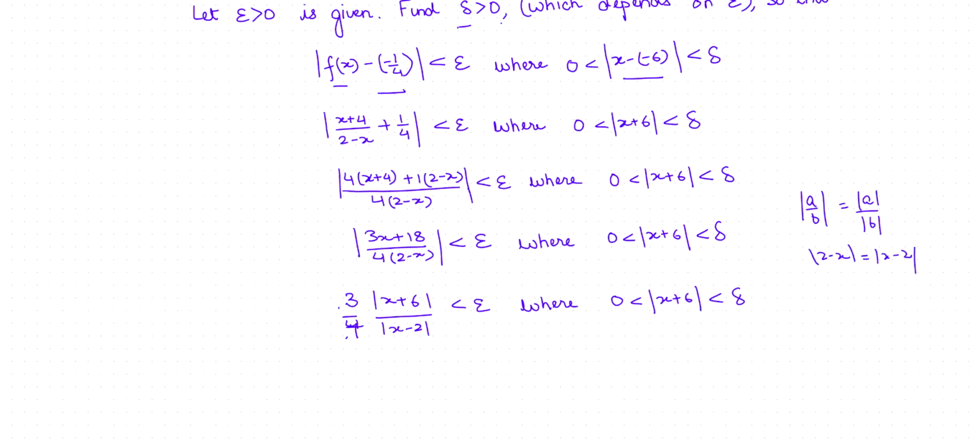Now, when we compare this value, 3 by 4 times |x plus 6| over |x minus 2|, and this |x plus 6| less than delta, to get the estimate of delta in terms of epsilon, we see that there is an extra term, the absolute value of x minus 2, which we need to eliminate.